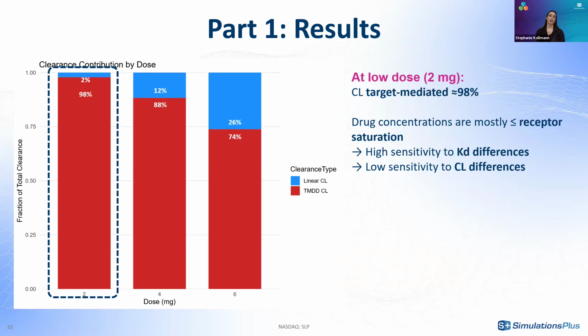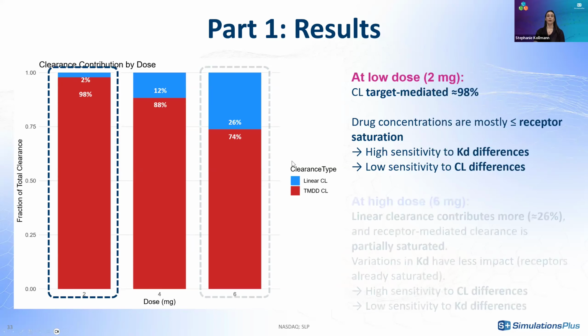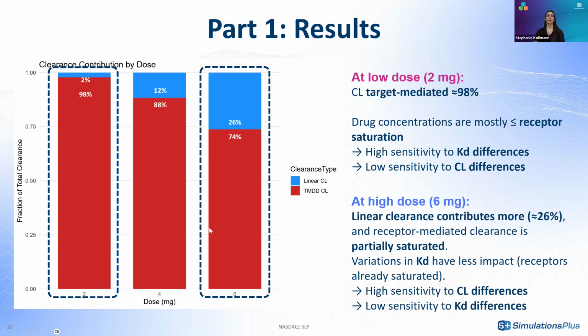So as the dose increases, the TMDD pathway begins to saturate. Then by 6 milligram, linear clearance contributes more, around 26% of total clearance, and receptor-mediated clearance is less dominant.